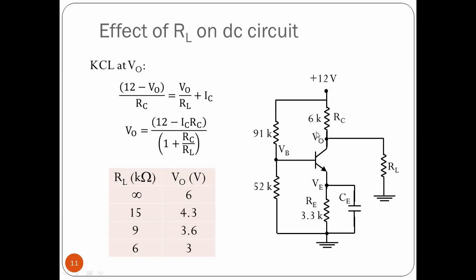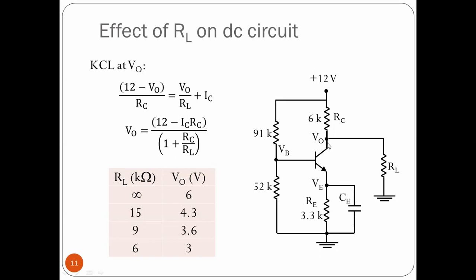What we do is write a KCL at the output node and then solve for VO. So here is the KCL: (12 minus VO) by 6 is the current flowing down, which is equal to the current flowing in RL, VO by RL, plus the current in the transistor, which is IC.